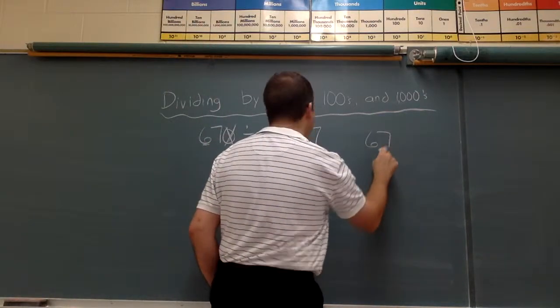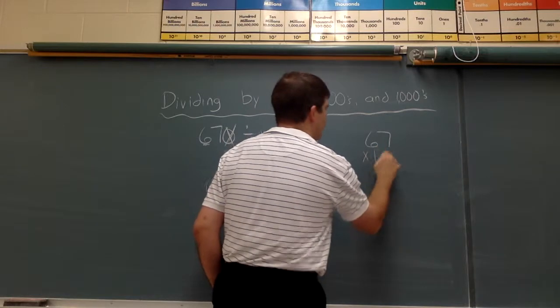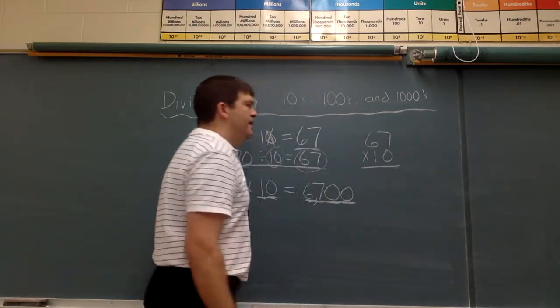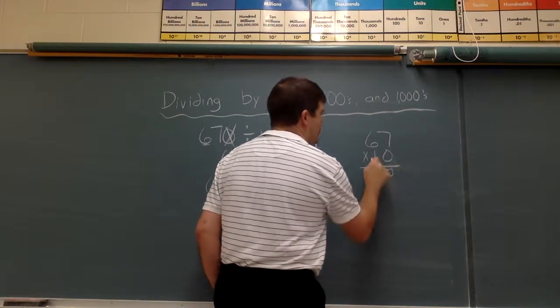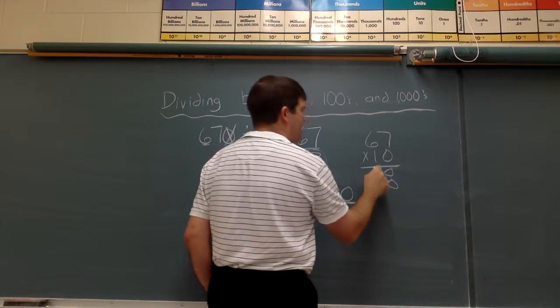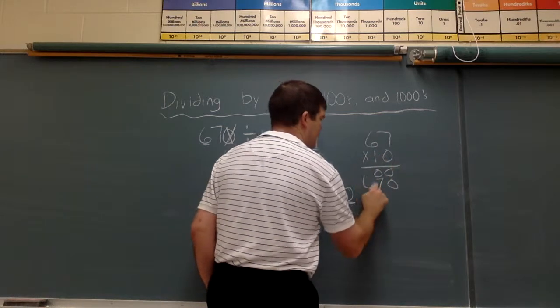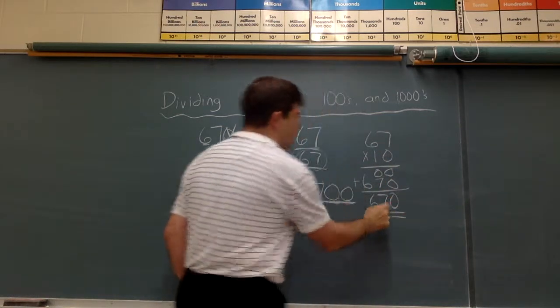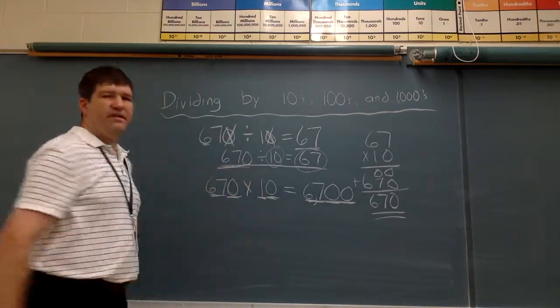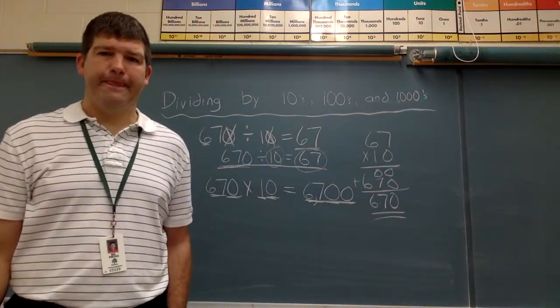So 67 times 10 equals, and it's 0, 0. I go to my next place value, 7, 6. I add them up. I get 670, what I started with.